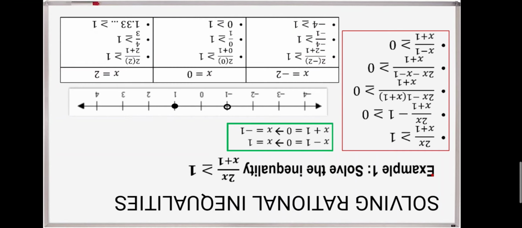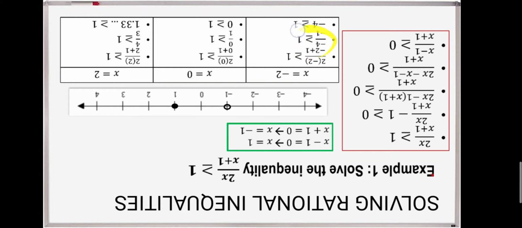Like for instance, on this part, suppose I get negative 2, so x is equal to negative 2. Then use the given inequality. We have to substitute x by negative 2. Therefore, we will obtain 2 times negative 2 over negative 2 plus 1 is greater than or equal to 1. So, simplify. 2 times negative 2 is negative 4, divided by negative 2 plus 1 is negative 1.